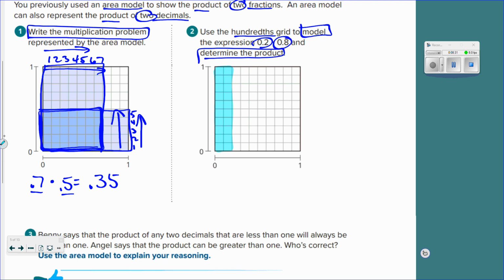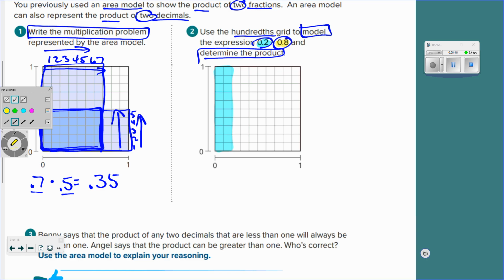So our 2/10, I'm going to take that 10. If I'm going to do 8/10, that's second. So there's my 2/10. Now I'm going to do 8/10. Actually, go yellow this time. I'm going to do 8/10 the other direction.